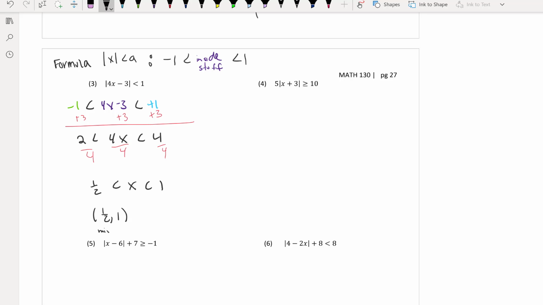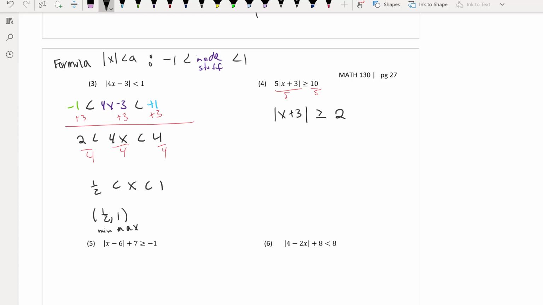So that goes from my minimum to my maximum. Now for number 4, I can't apply the rule or the formula yet because I have not isolated the absolute value yet. So to isolate it, I'm going to divide both sides by 5. So now I have the absolute value of x plus 3 is greater than or equal to a positive 2.